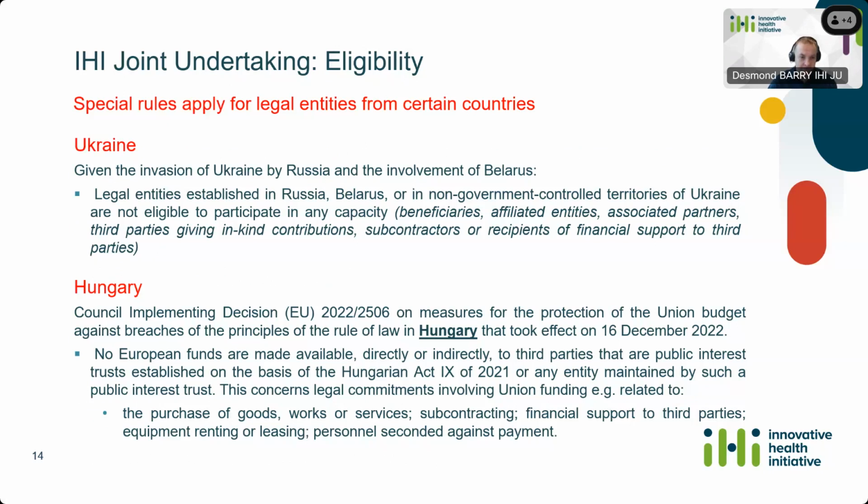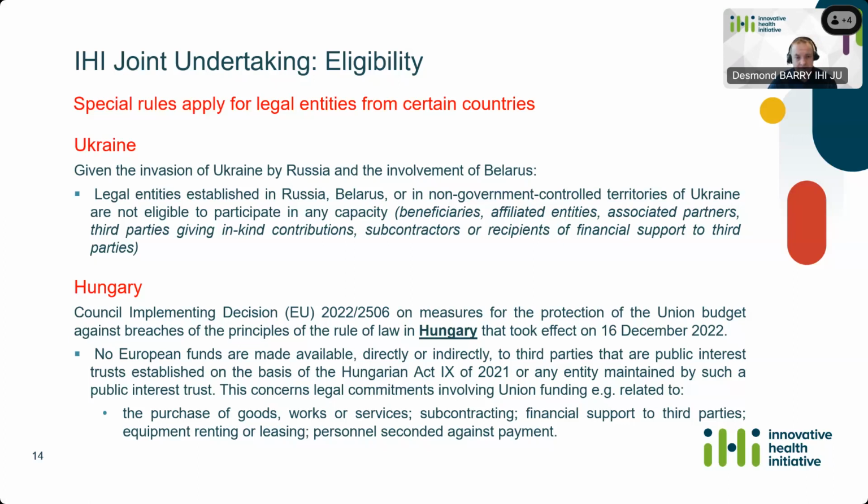Similarly, if someone is coming from Russia or Belarus, they are not eligible to participate in an IHI action. If you have an entity from Ukraine and you want to know whether they're eligible to participate, take a look, see where they're actually established, which part of Ukraine they're actually from, and then, if you're still not sure, reach out to the IHI office and we can check it.